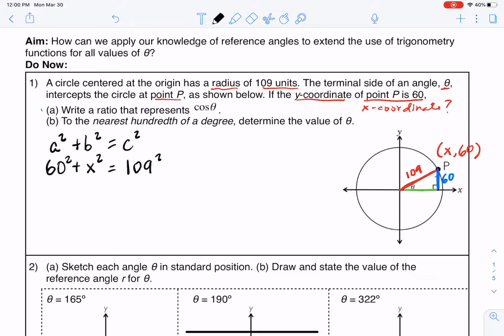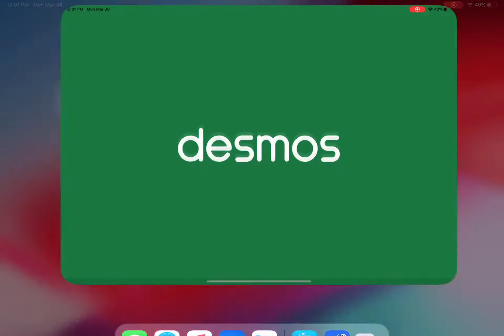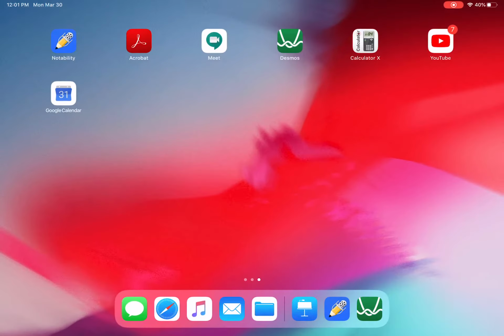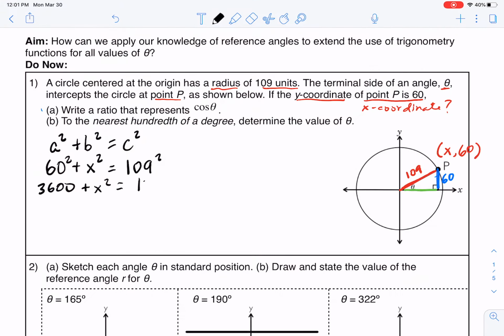All right, so when I input these values into my calculator, I would get 3600 plus x squared equals 109 squared. I don't know off the top of my head, so I'm going to go into my calculator, put 109 squared, and that gives us 11,881. Okay, I'm going to subtract 3,600 from both sides.